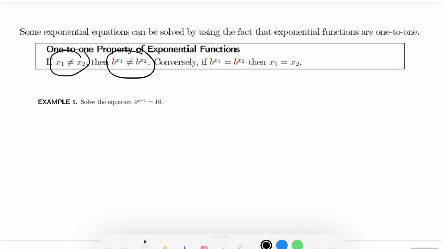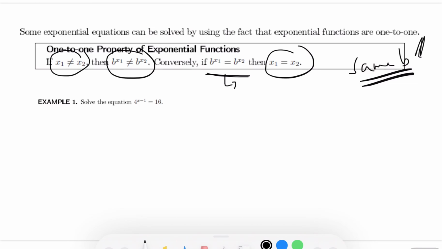Conversely, if b raised to x1 is equal to b raised to x2, then of course their exponents must be equal, since they have the same base. So our goal to solve an exponential equation is to write the equation in this form, with the same base, so that we can equate their exponents.